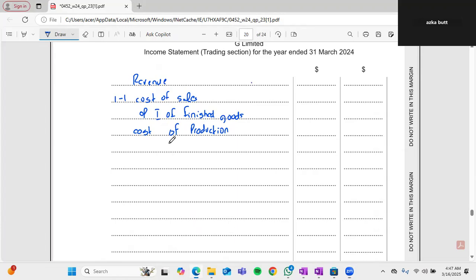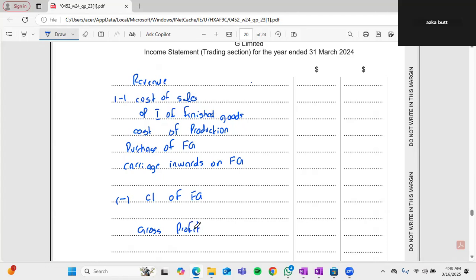Also you have to write the purchase of finished goods. And if you have any carriage inwards, you also need to write it, carriage inwards on finished goods. And you need to deduct the closing inventory of the finished goods. After that, you will have your gross profit.